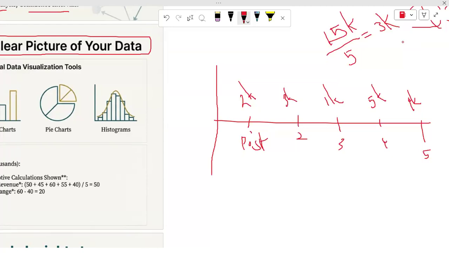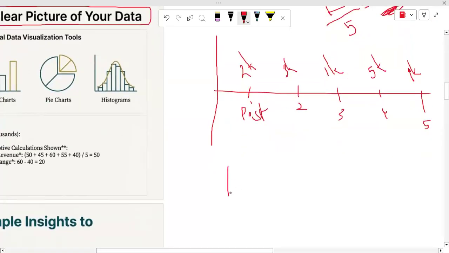So here, the term average talks about the central tendency, but when I talk about the maximum and the minimum, these are talking about variability. So you can say that when you make a post on your social media, it ranges from 1K to 5K.